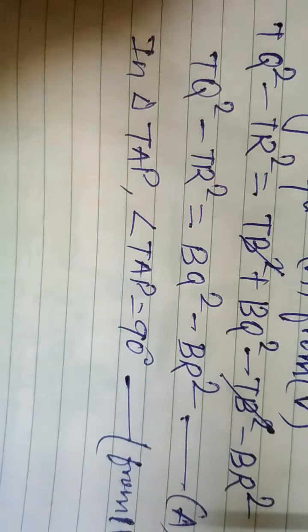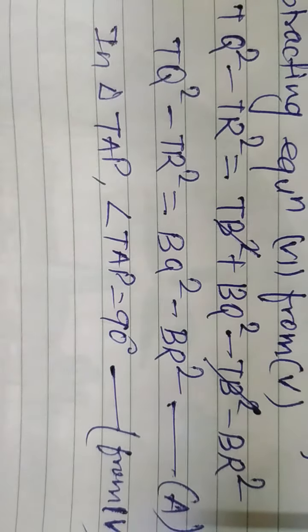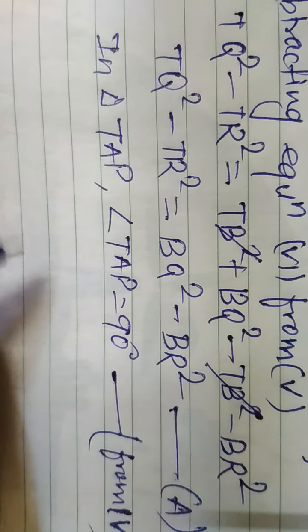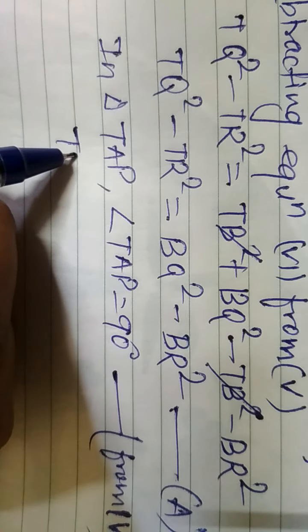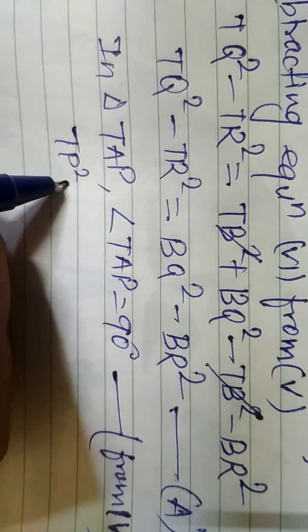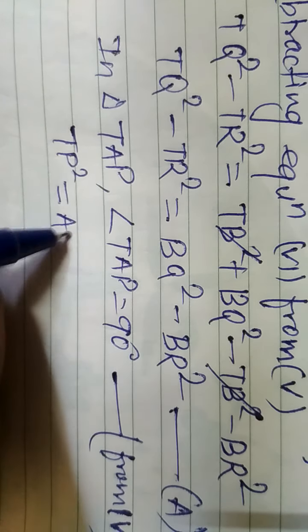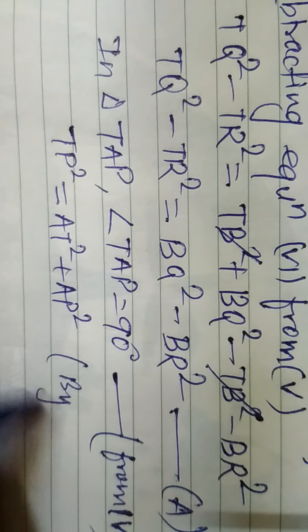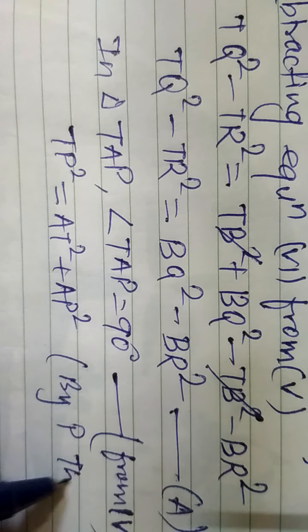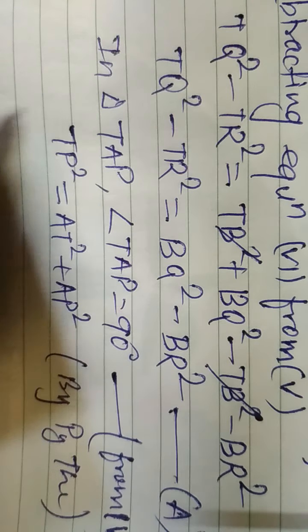So in triangle TAP we will use the Pythagoras theorem: TP square equals AT square plus AP square.